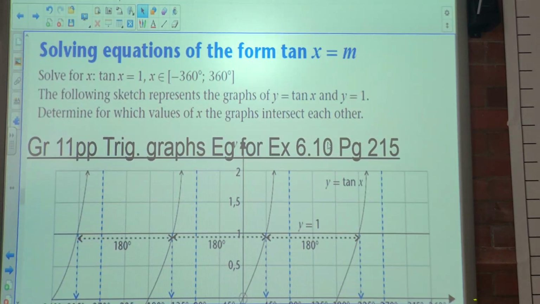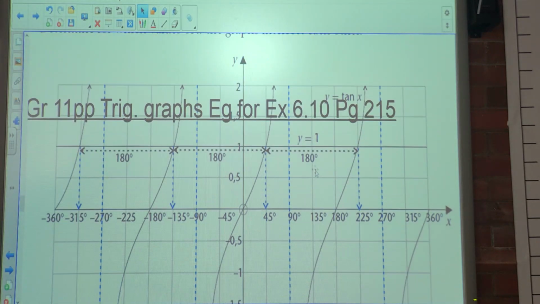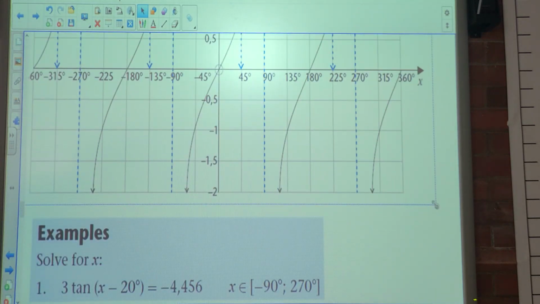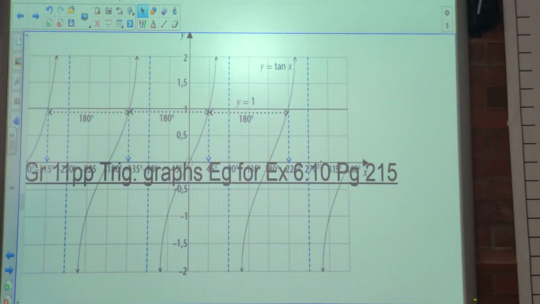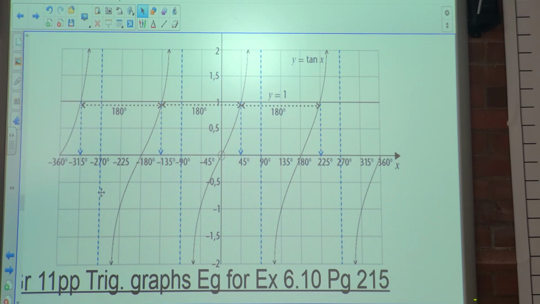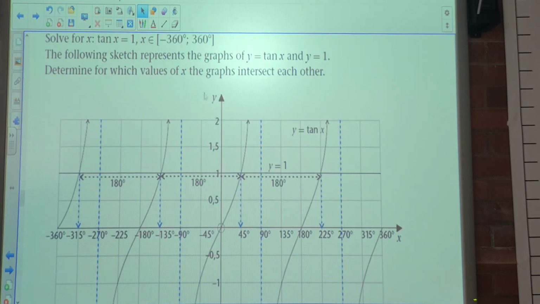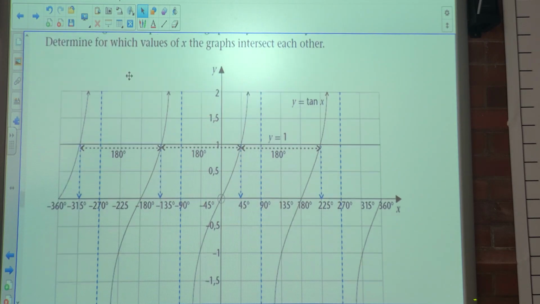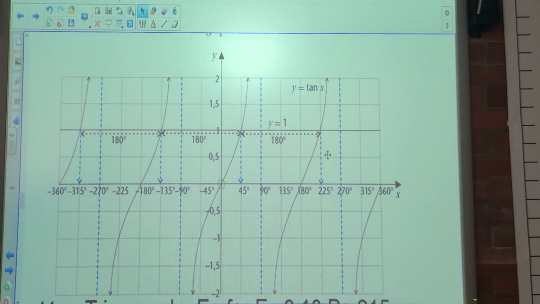However, these examples are also on page 215. So, just refreshing your memory with regards to a tan graph, and the full lesson can be found in the description box below. If they let tan of x equal 1, what they did was draw the tan graph and the y is equal to 1 line.